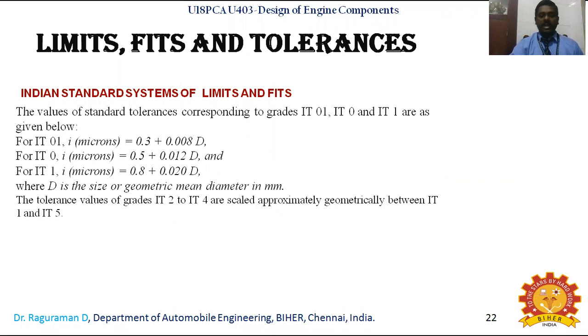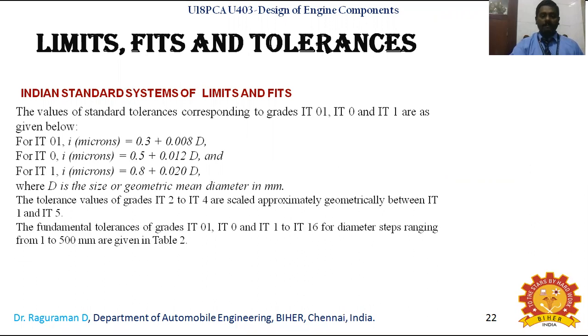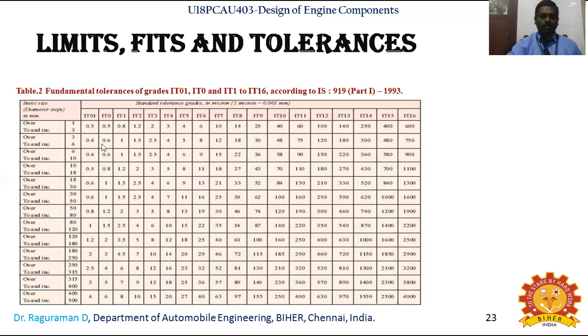The tolerances of grades IT2 to IT4 are scaled approximately geometrically between IT1 and IT5. Similarly, the fundamental tolerances of grades IT01, IT0, IT1 to IT16 for diameters ranging from 1 to 500 mm are given in table 2.